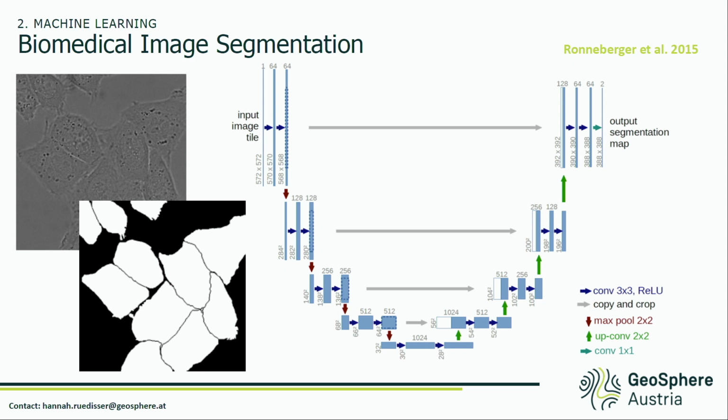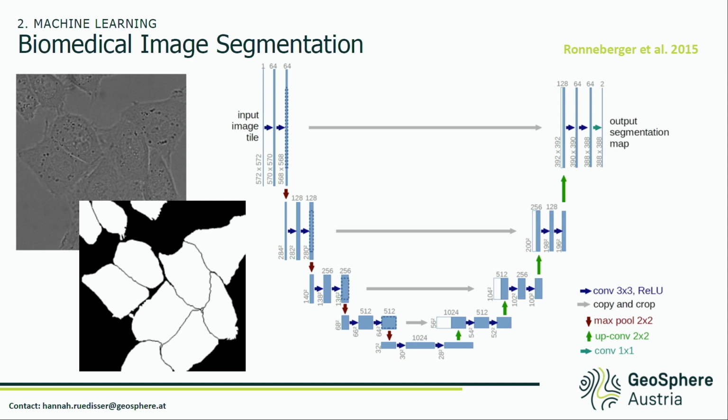So basically, this problem is a problem where feature information is as important as spatial information, meaning we do not only want to know if a certain picture contains a cell, but we also want to know where exactly is the cell. So the U-Net is an architecture that has proven very successful in these tasks.